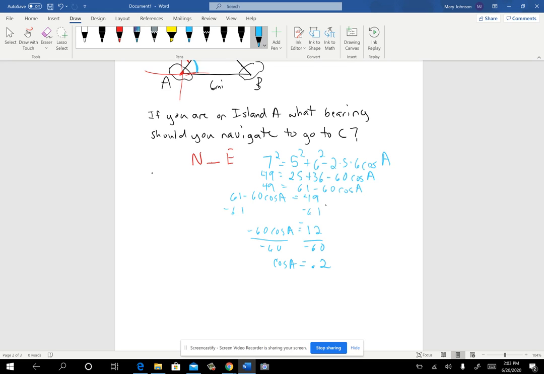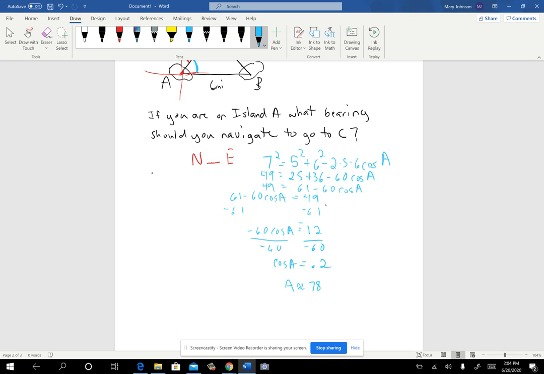All right, so I need to do the inverse cosine of 0.2. And that gives me that A is about 78. I'm seeing what I should round to. I guess it'd be okay to round just to the nearest degree. We've been doing that.